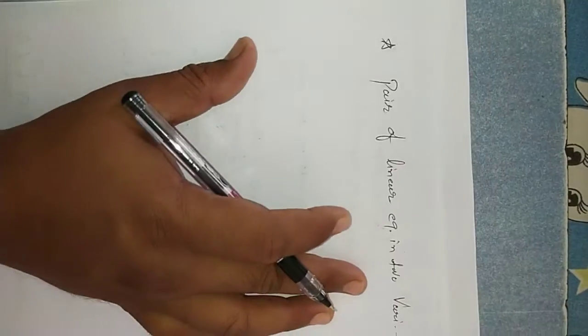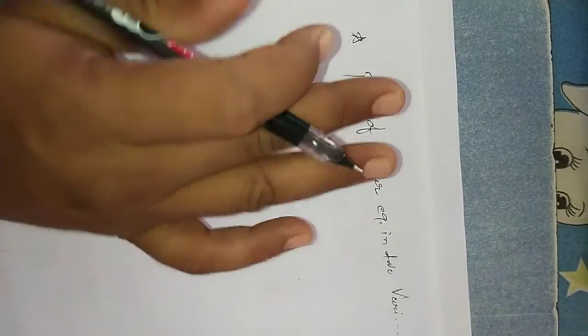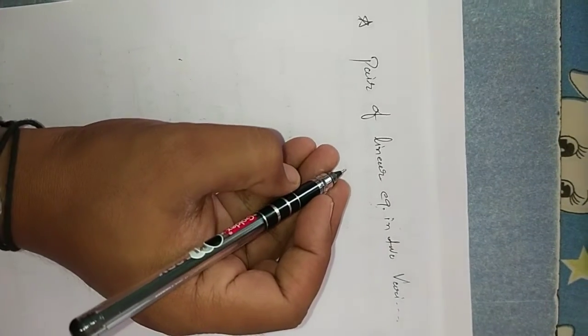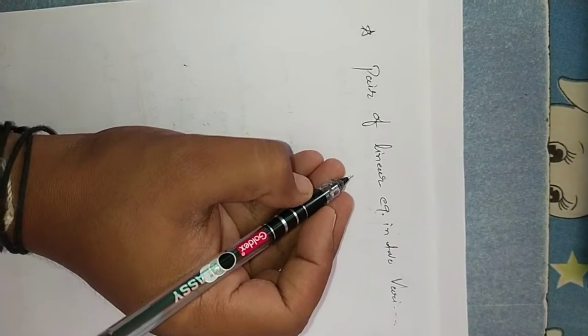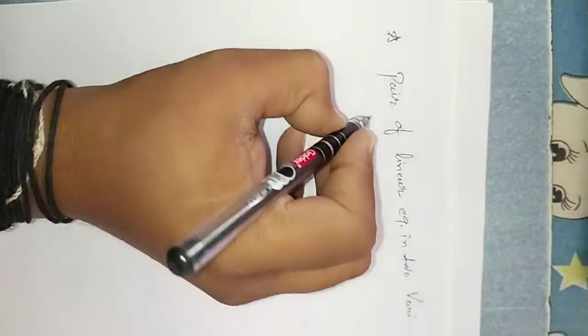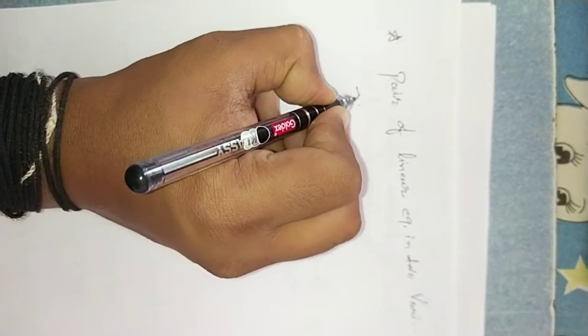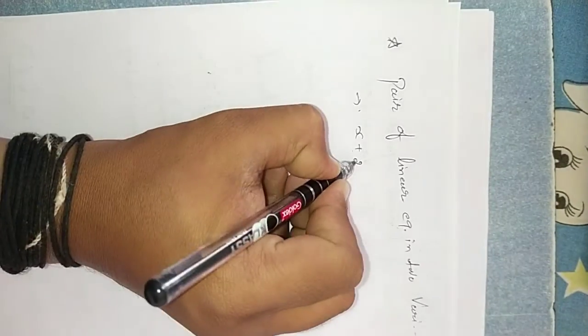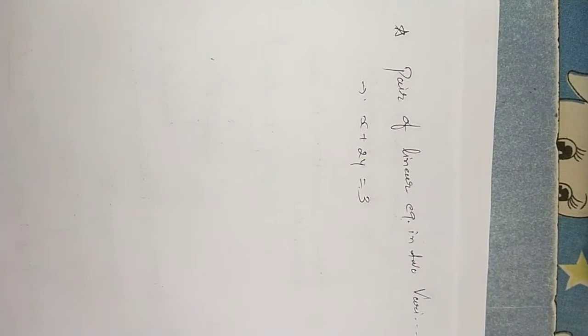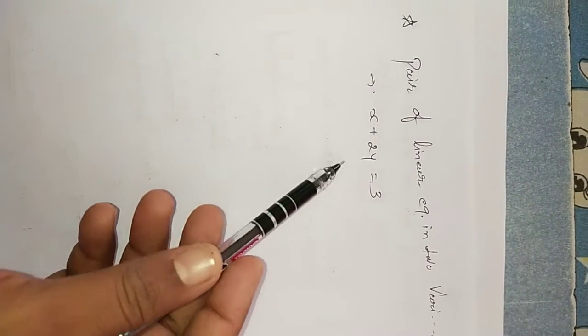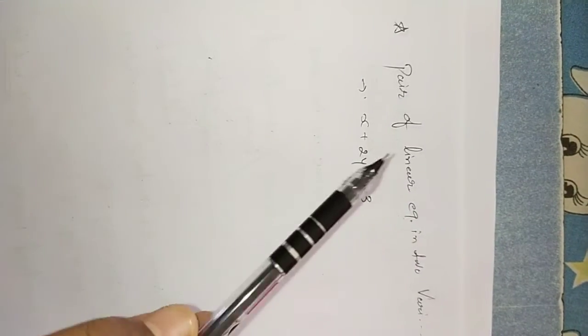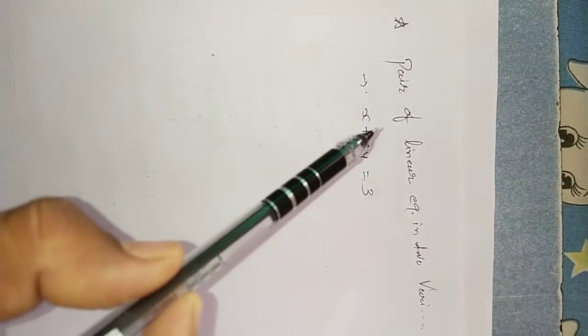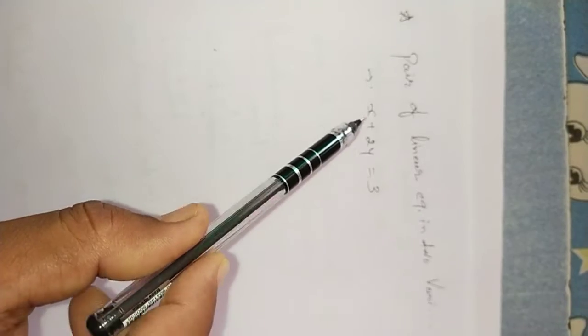It is a common thing that if you want to solve linear equations in two variables, then I must have two equations. Why? Because, for example, if I write x plus 2y is equal to 3, then I cannot find a unique solution of this equation.